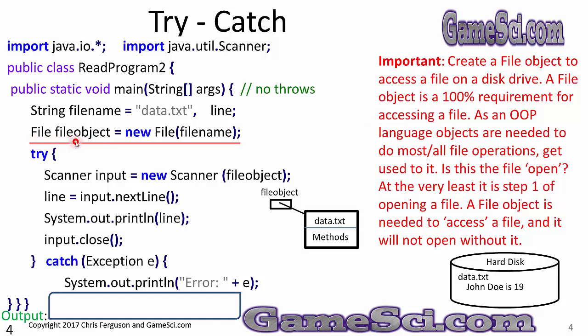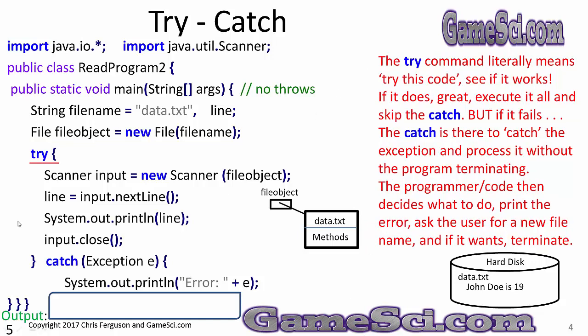It's very similar, but new versions of Java use the Path object instead of the File object. As an OOP language, objects are needed to do most, if not all, file operations. Get used to it. Now, is this the file open I keep talking about? At the very least, it is step one of opening a file. A file object is needed to access a file, and it will not open without a file object.